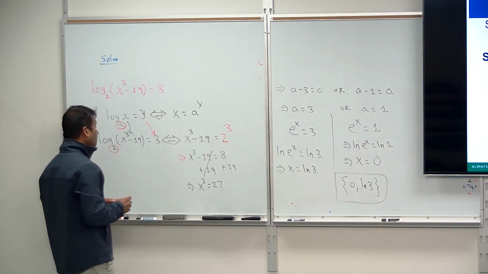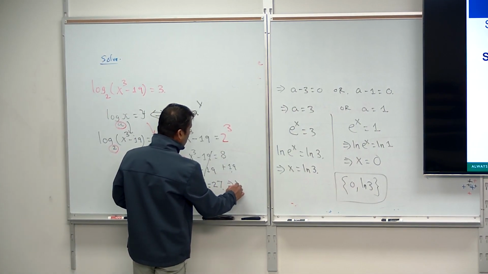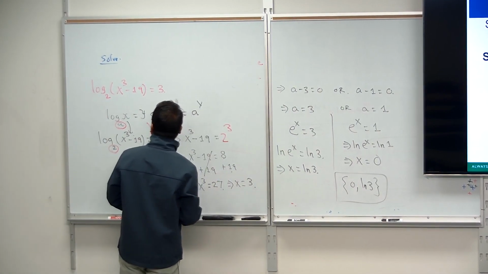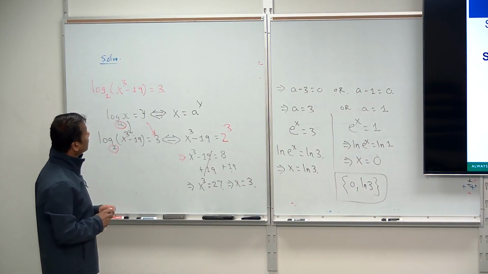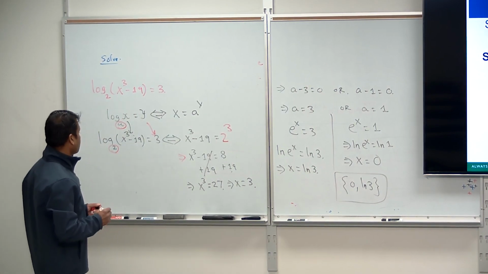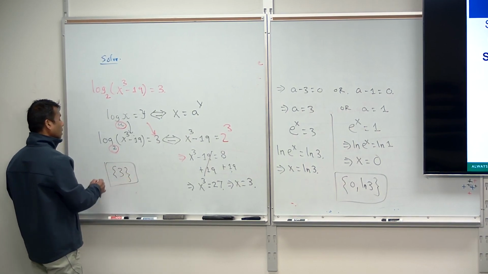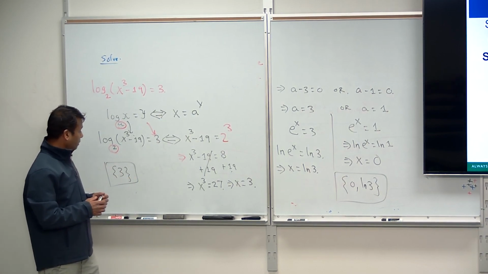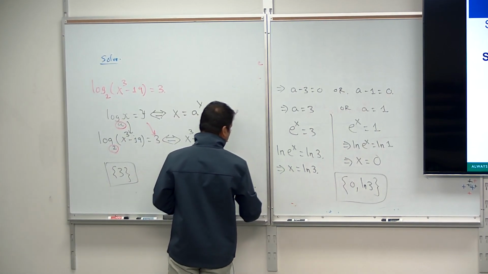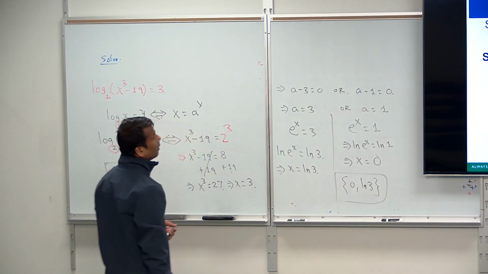If x cubed equals 27, that will give you x equals 3. So the solution is 3. Okay?